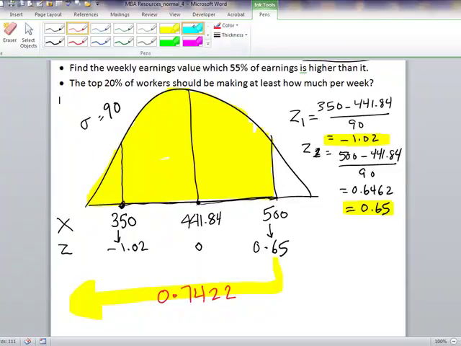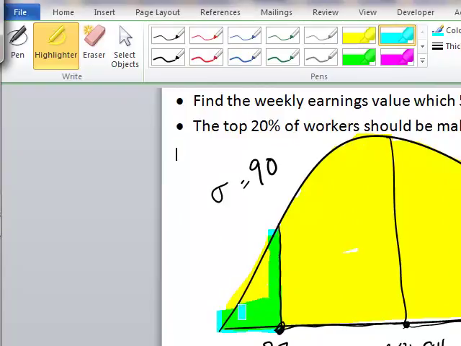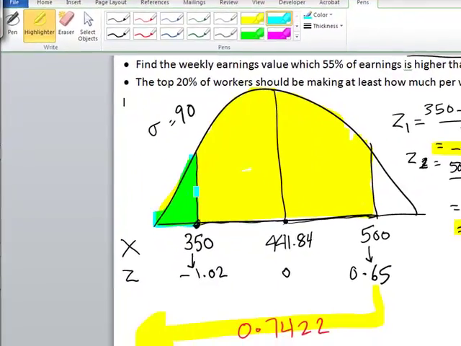We also know that the area to the left of z of negative 1.02, or this area, is 0.1539.